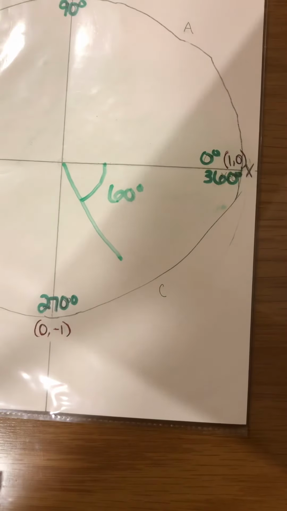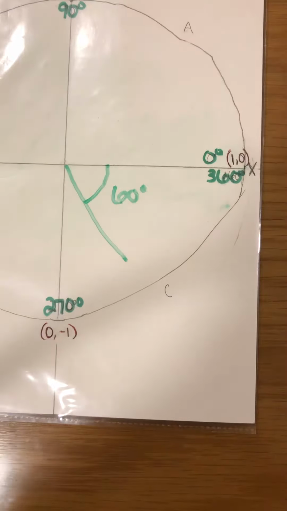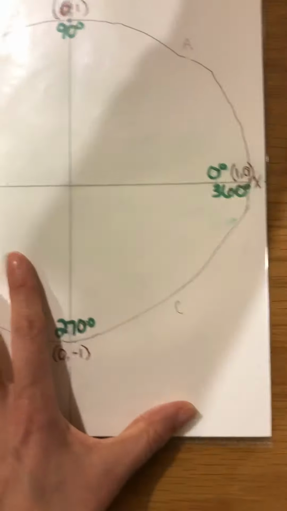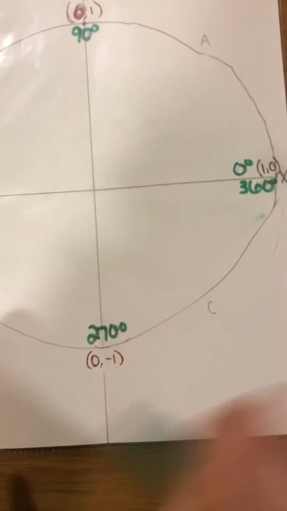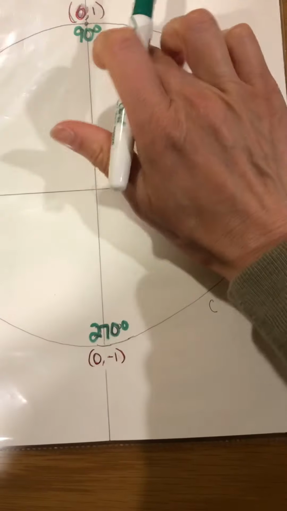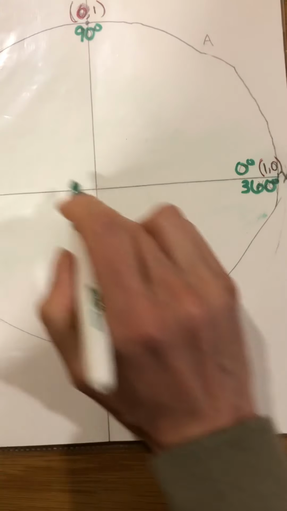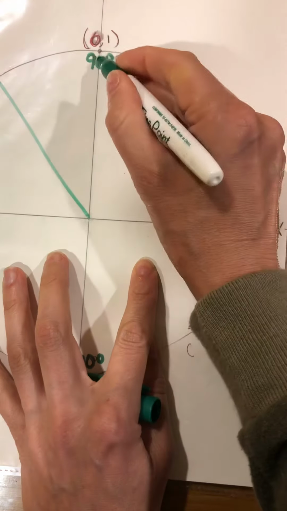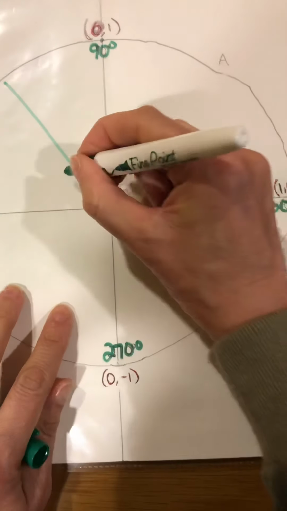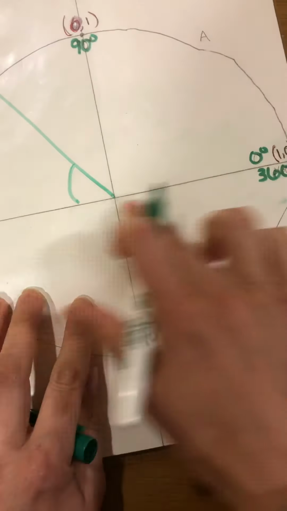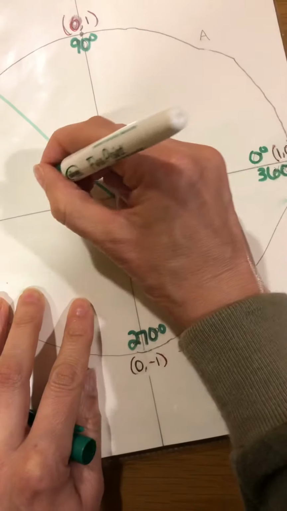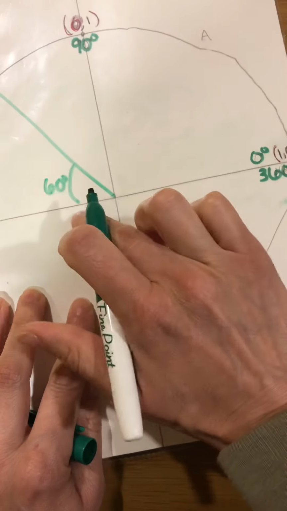Last one for this group is sine of 120 degrees. 120 degrees is somewhere between here, and it's going to be 60 away from 180 degrees. You could also think of it as 30 past 90, but if we're comparing to the x-axis, the reference angle, it is 60 degrees before we get to 180.